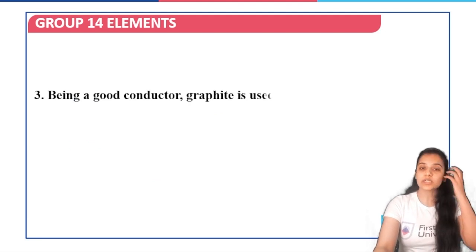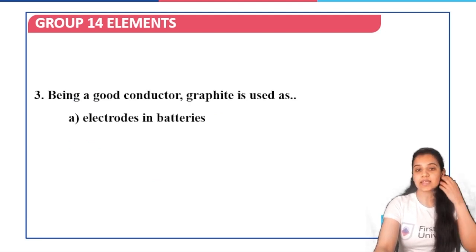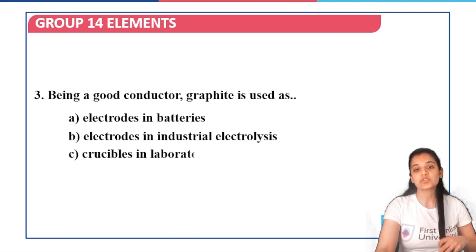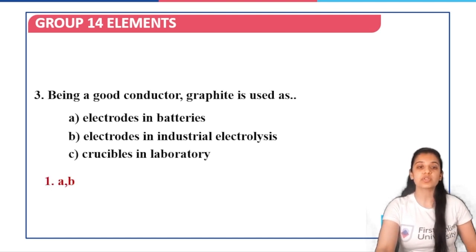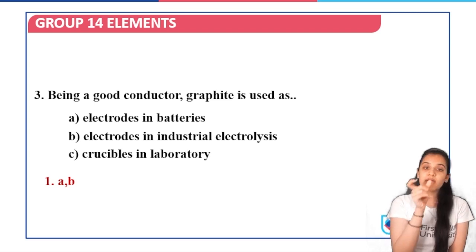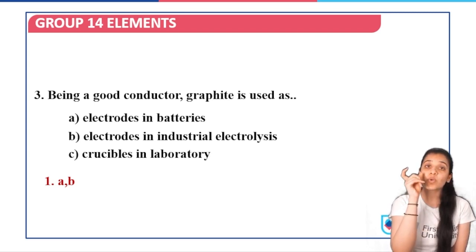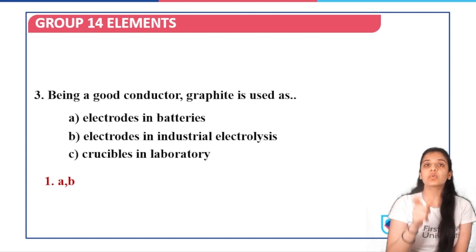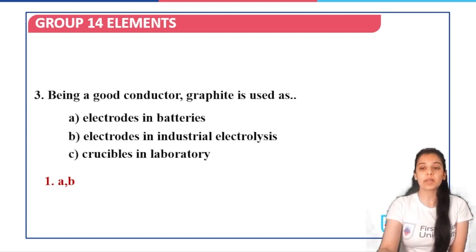Lastly, being a good conductor, graphite is used as electrodes in batteries, electrodes in industrial electrolysis, crucibles in laboratory. See, graphite is used for all these purposes, but we have to pay attention to the fact that because of its property of being a good conductor, it is used for which of the following purposes?